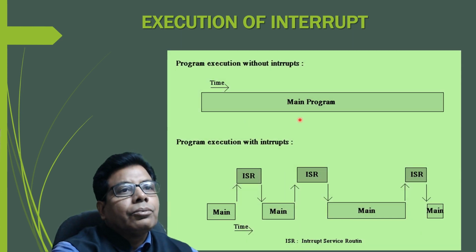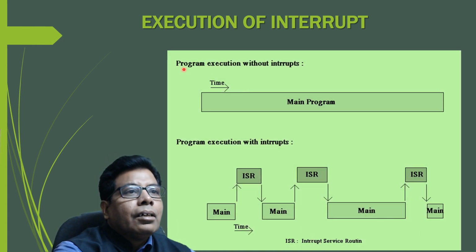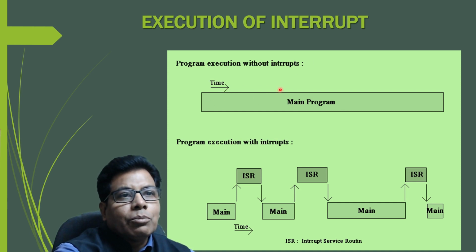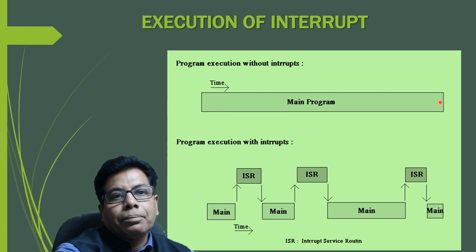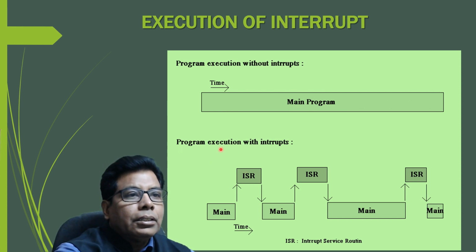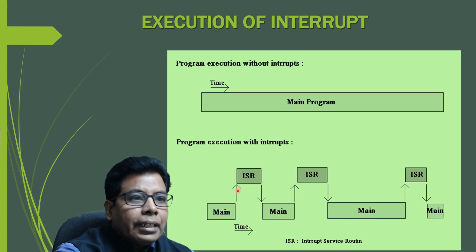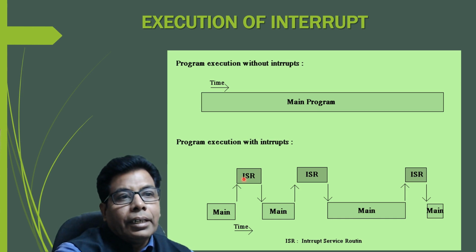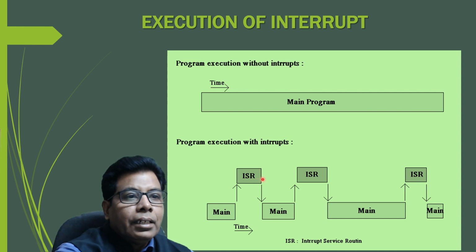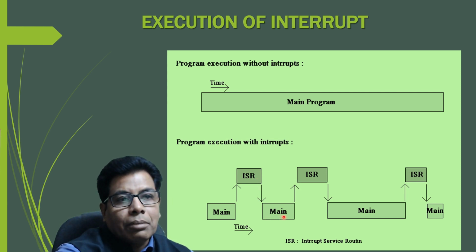Here we have the main program execution without interrupt. As time goes, it will always execute the main program. Then this is program execution with interrupt. Here we have the main program. As soon as we get the interrupt, we go to the interrupt service routine, and when it is completed, it returns back to the main program and executes it.